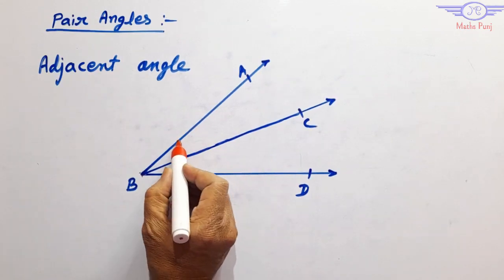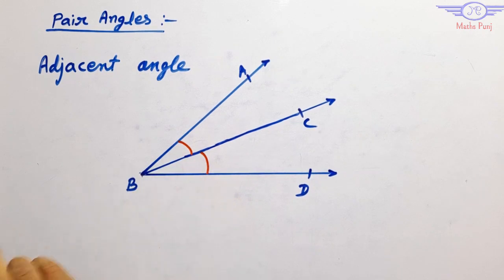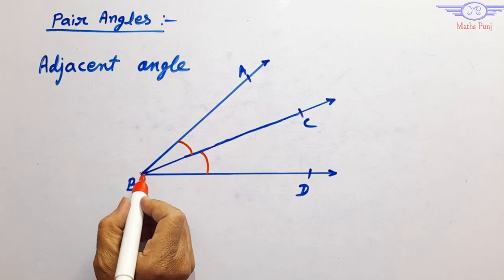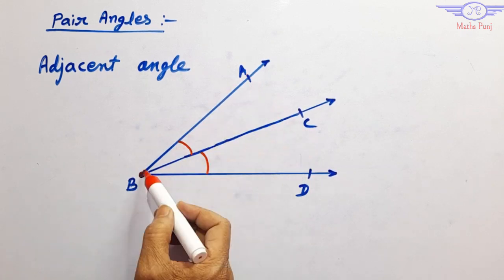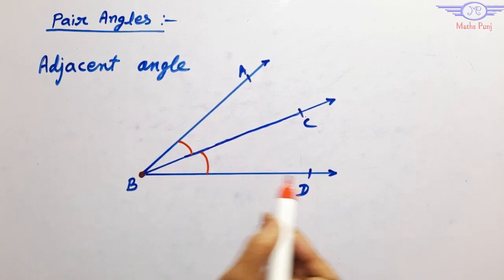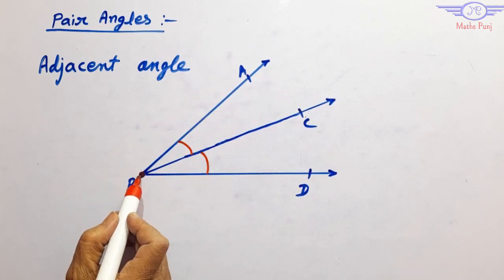Here there are two angles, one here and one here, and there is a common part. Both angles have a common vertex, that is B. The angle ABC has vertex B, and angle CBT also has vertex B. So the two angles have a common vertex.